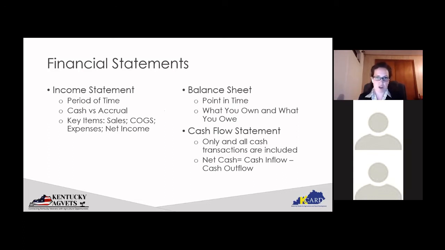Typically, most of our clients want or use a cash versus an accrual system. However, if you've got questions specific to the accrual system, feel free to reach out and we can walk through those. And the big pieces that make up your income statement would be sales. This includes all your income producing activities, your cost of goods sold, which we talked about a little bit earlier.